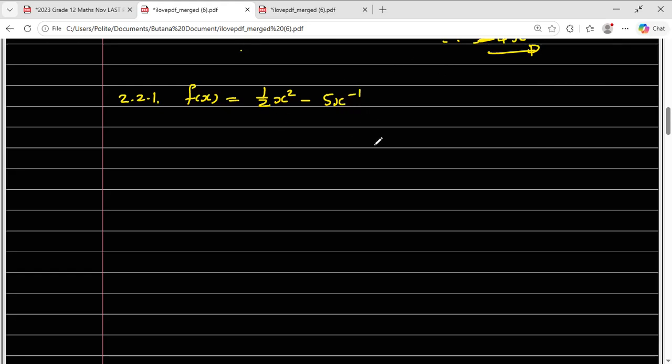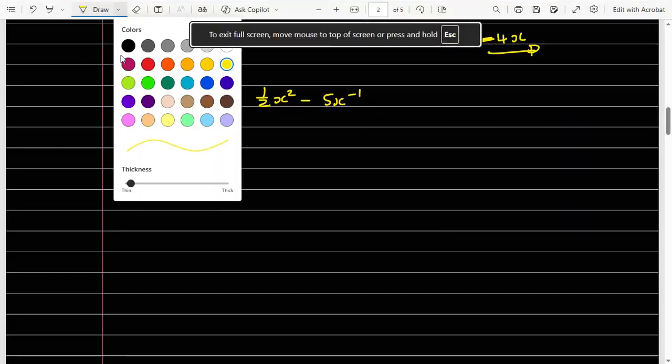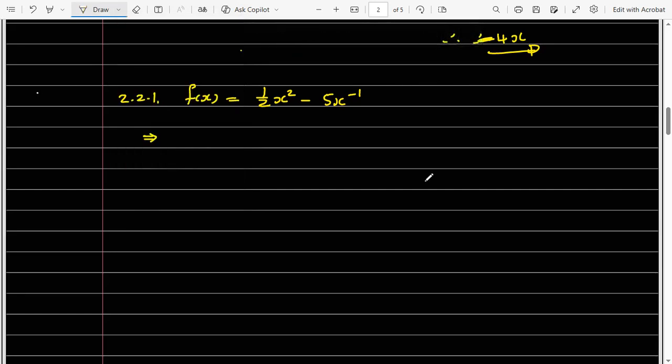From this equation, I need to find the derivative, right? So I'm going to find the derivative using the rules.